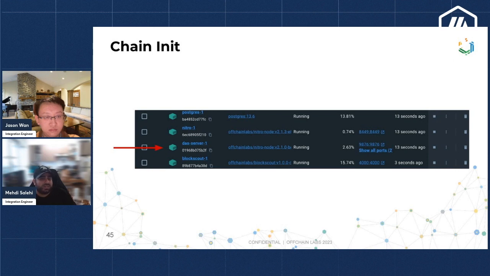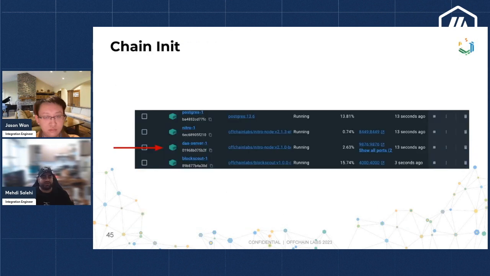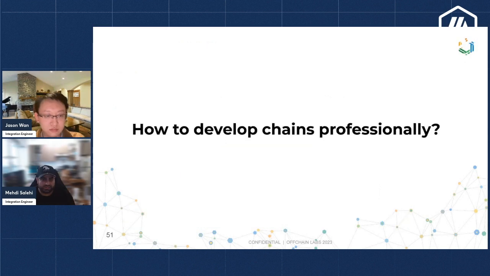Also, when you initiate the chain, all things are the same as with a rollup chain, but one difference you can see is the DAS server. This DAS server handles the members, and as I said, because we have just one member here, we have just one DAS server. DAS means data availability server, which is each member of the data availability committee.